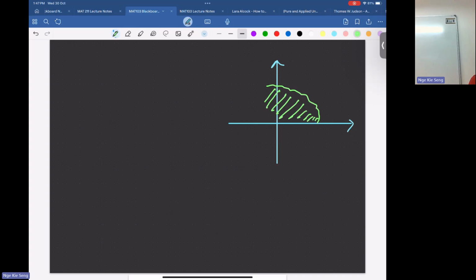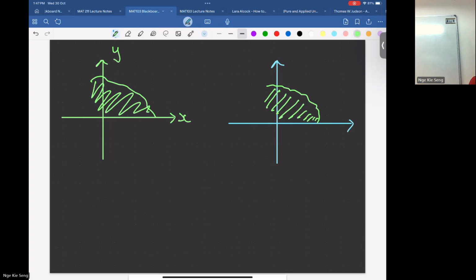Last time when we did xy coordinates, we had xy here, and then we had this curve here. Why does the area under the curve look like this? It is because our coordinate is taken like a rectangle. So we fill in all these vertical lines under the curve.